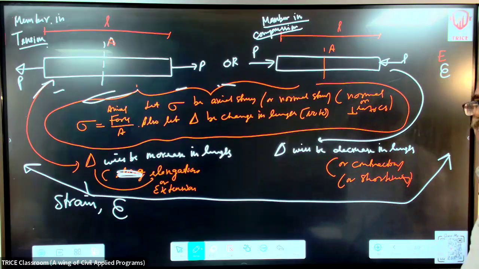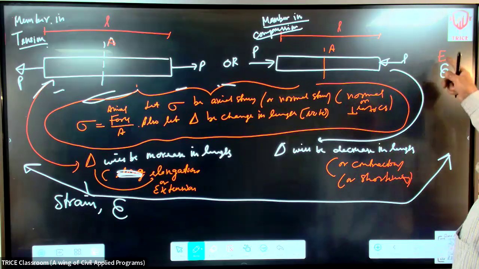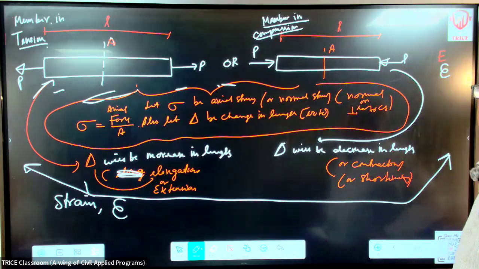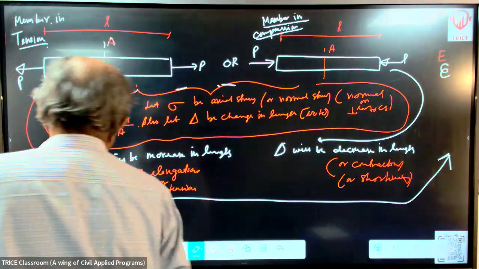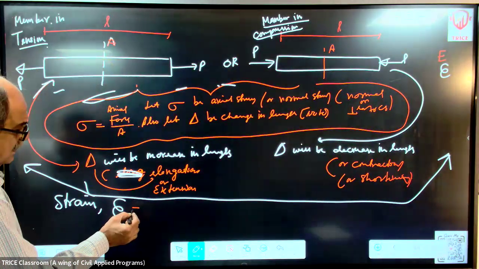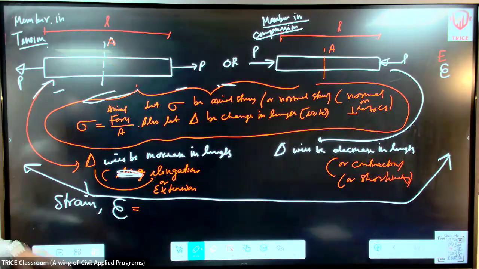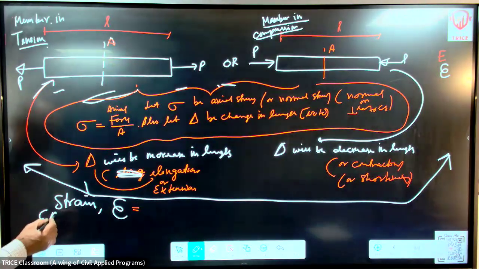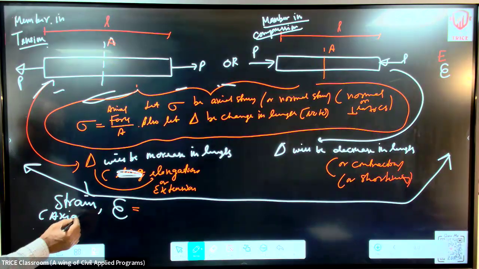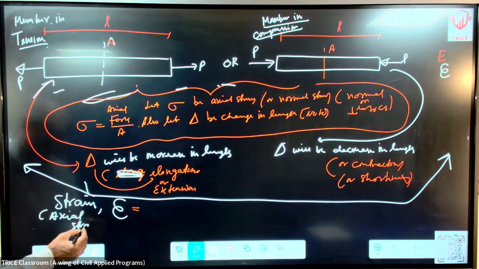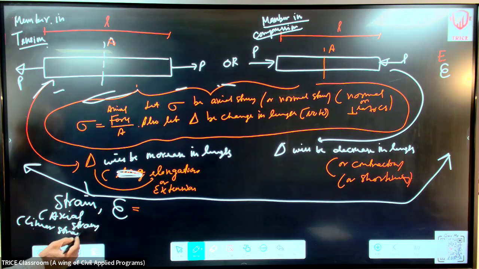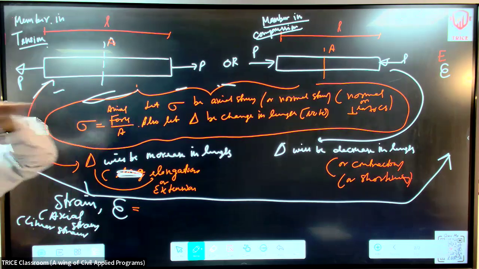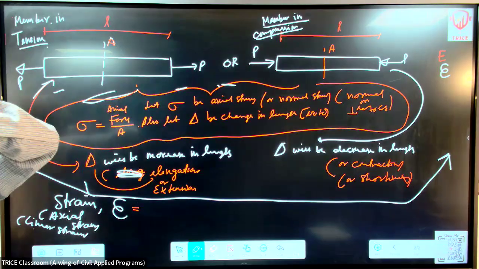E, as I already told you, is the modulus of elasticity. Epsilon is strain. Strain is also called axial strain, both are the same, or some people call it linear strain, meaning lengthwise, because it corresponds to change in length.